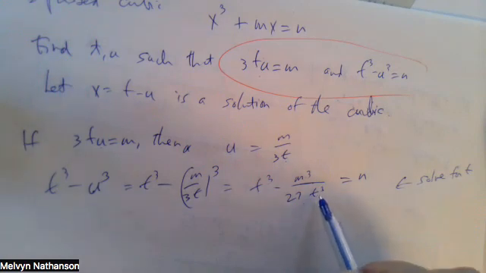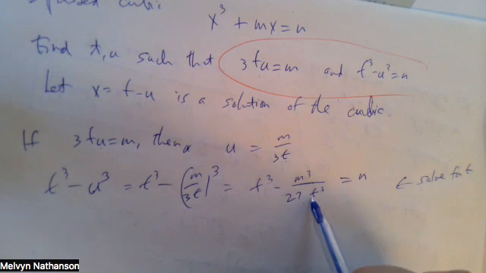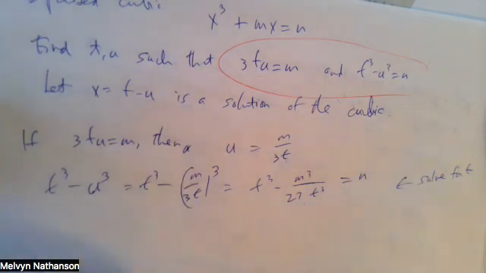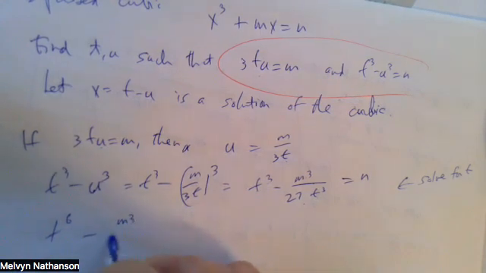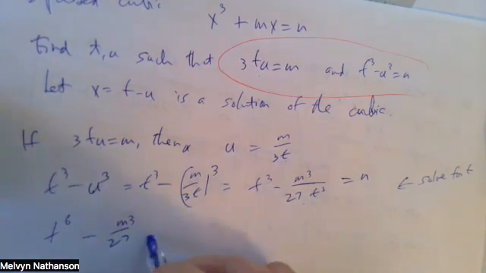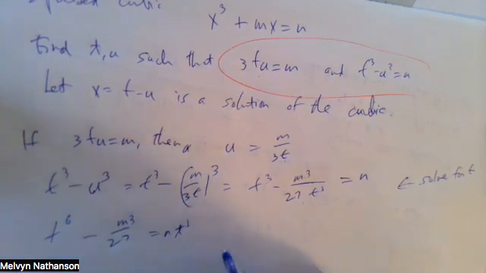Now this is a strange equation because the variable is in the denominator, but t is going to be positive, so let's just multiply by t cubed. You get t to the 6th minus m cubed over 27 equals nt cubed.